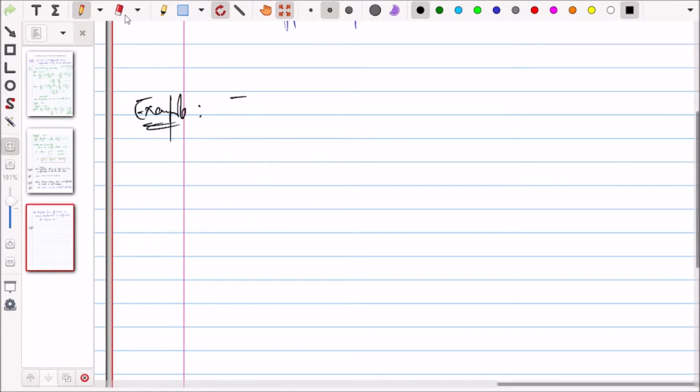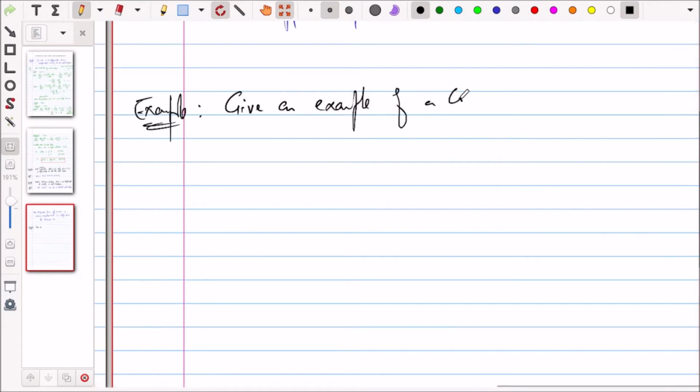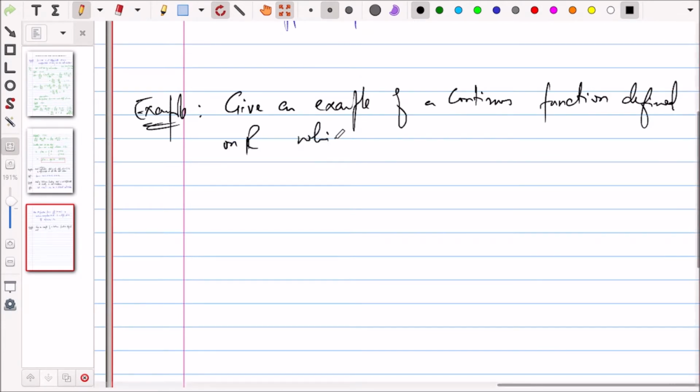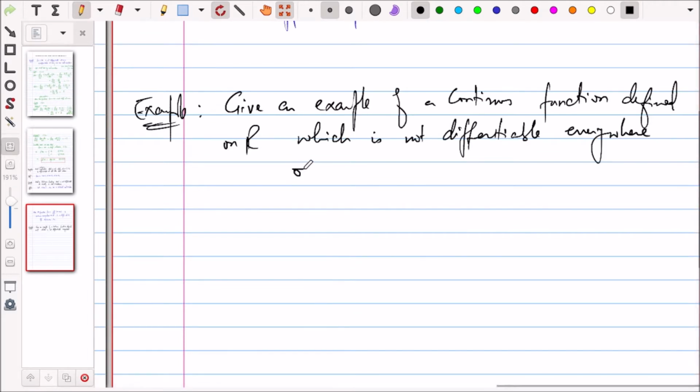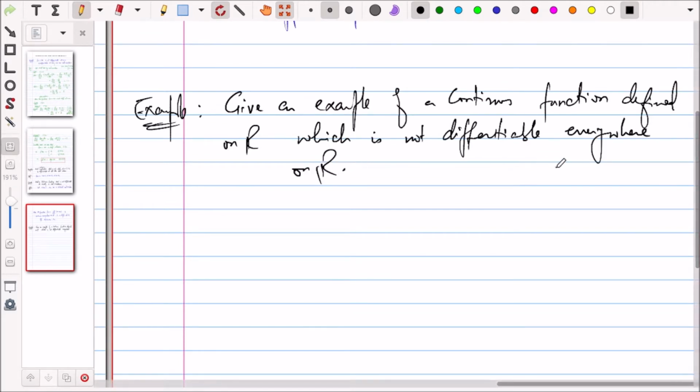So give an example of a continuous function defined on R which is not differentiable anywhere on R. This is a very special function, okay?